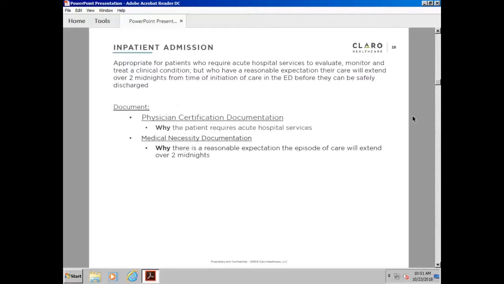Inpatient, and we don't have to belabor that, but we need the why for sure for physician certification of that why and that medical necessity for that greater than 2 midnights. And this is where our clinical documentation program, when we don't have that support, will be querying the attendings for that information of the why, of the expected length of stay.